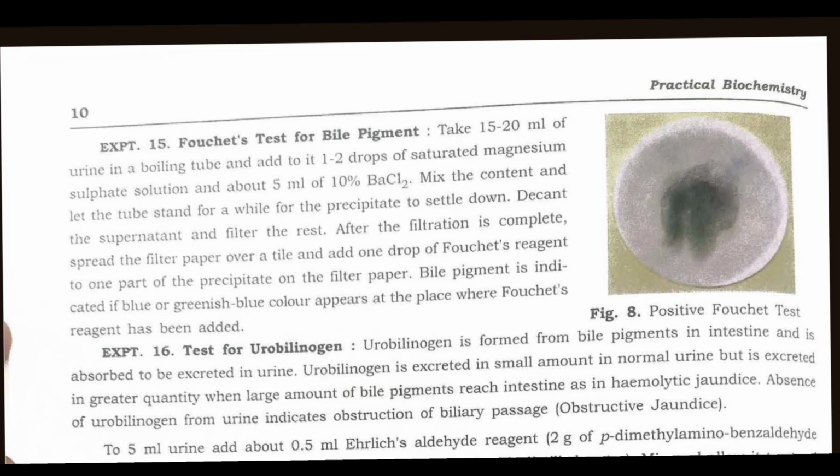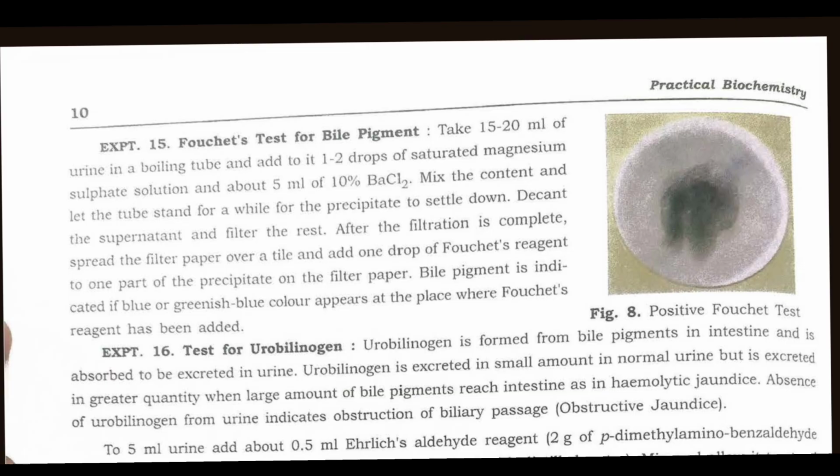Urobilinogen is excreted in small amounts in normal urine, but in greater quantity when large amounts of bile pigments reach the intestine, as in hemolytic jaundice. Absence of urobilinogen from urine indicates obstructive biliary passage, obstructive jaundice.